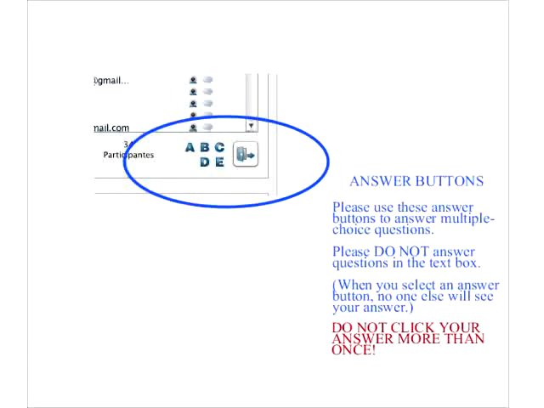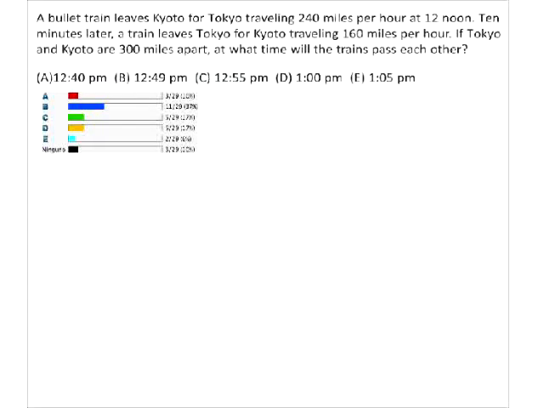That's where you indicate your answer to the problem, if any of you were late. Now you know. All right, so let's make a table. Let's get the situation. The situation is you have Kyoto and you have Tokyo.